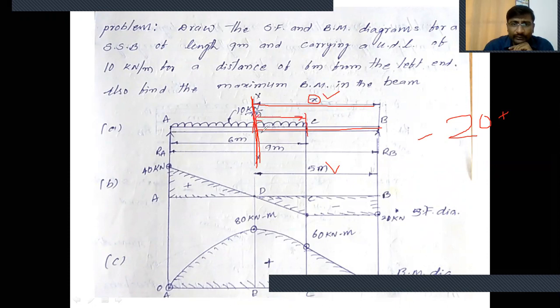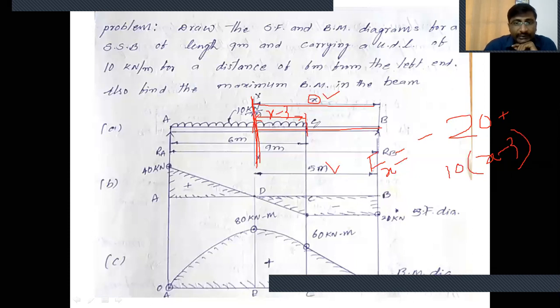The total distance is X and this part is 3 meters, so this distance is X minus 3 meters. Total load is 10 kilonewton per meter into X minus 3, which is acting in the downward direction. That's why I'm taking it positive. So this is the shear force at XX. That means Fx is equal to minus 20 plus 10 into X minus 3.